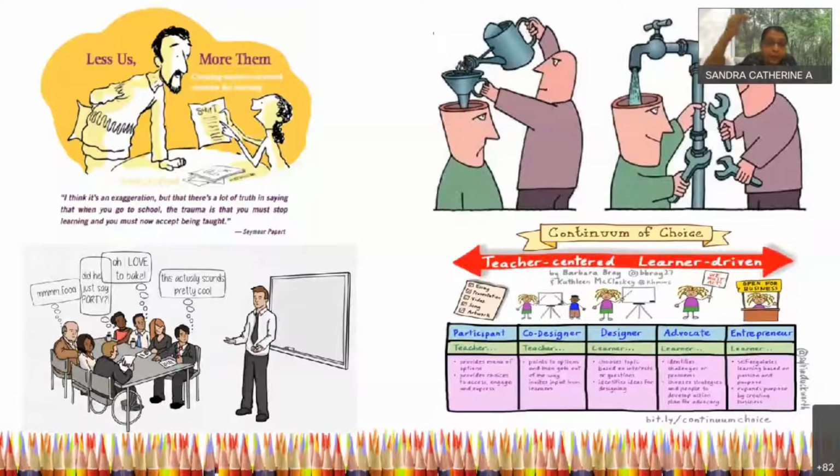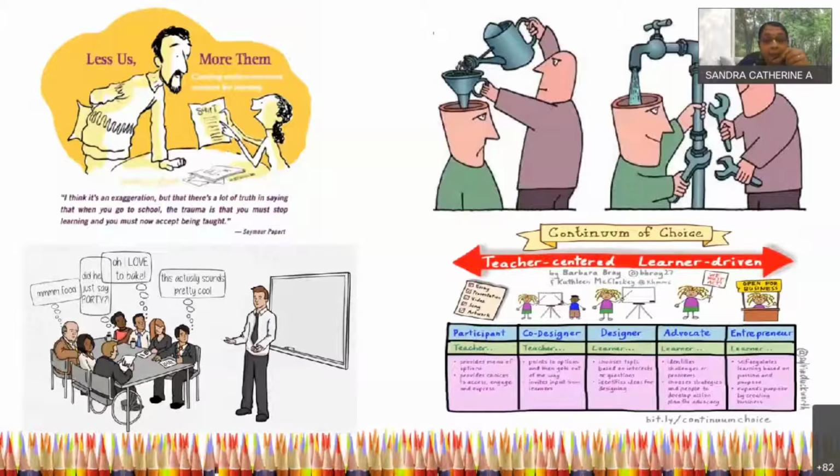So both triggers are about problem-based learning, or we could also say it's about student-centered learning. So these both pictures have examples of problem-based learning where more focus is on the learning of the students. You can see less us, more them.